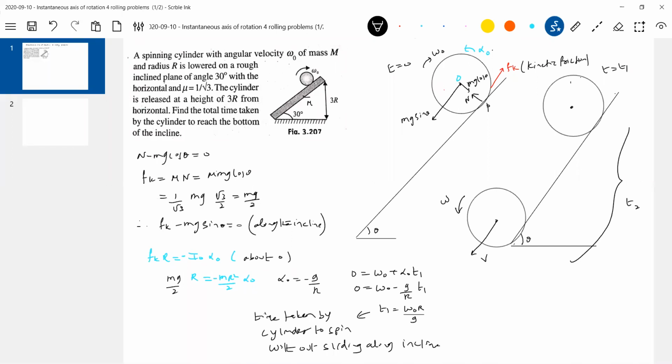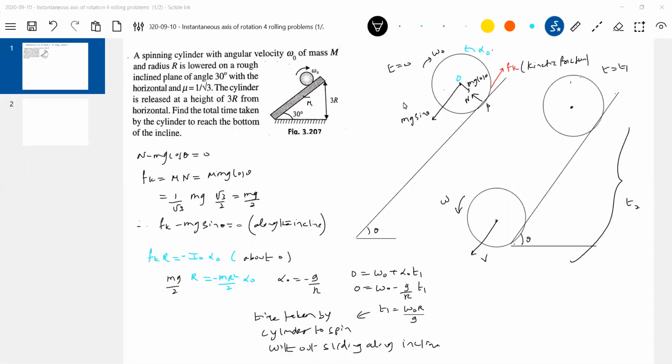So how to ensure that pure rolling occurs when it's sliding down the incline? Any condition? Because there is slipping between point P of the cylinder and the inclined plane, kinetic friction acts, so it will only rotate there. It will not slide because the net force along the incline is zero.